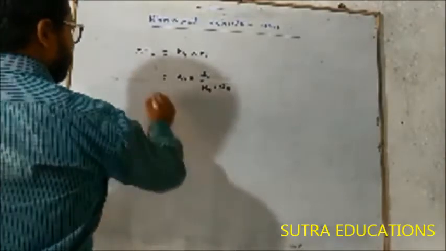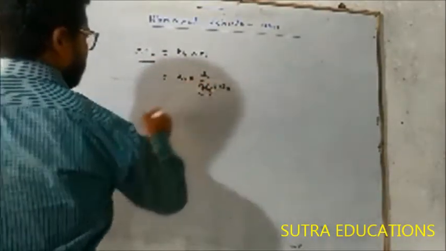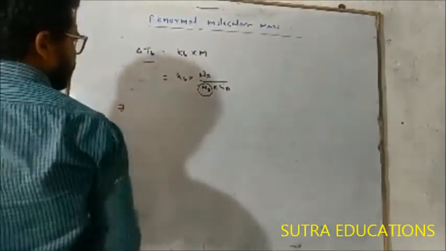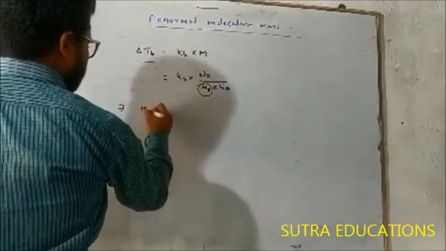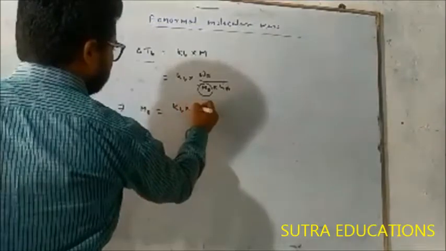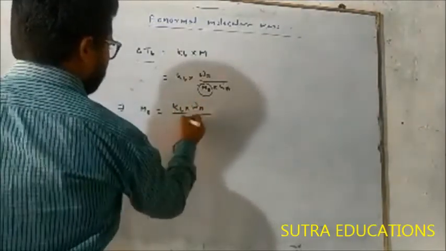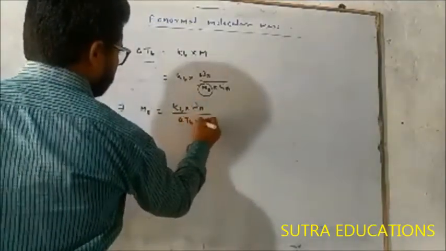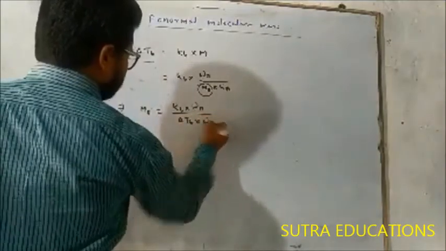So Mb, meaning the molecular mass or molar mass of solute, will be equal to Kb into Wb upon delta Tb into Wa. Okay.